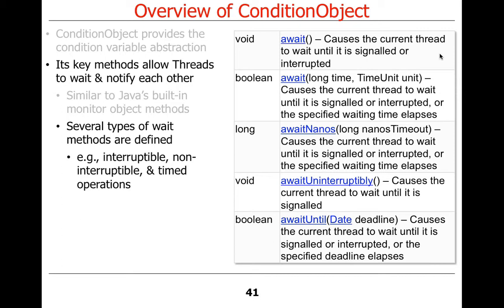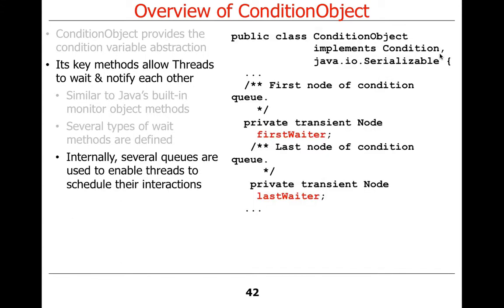So that implies lock is not interruptible. Condition object has await and awaitUninterruptibly, which implies that await is interruptible. So a little backwards, a little confusing. You can wait in nanoseconds. You can wait in, I think it's milliseconds. And then there's also this awaitUntil thing. So there's a bunch of different ways to wait.